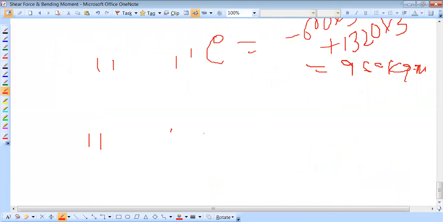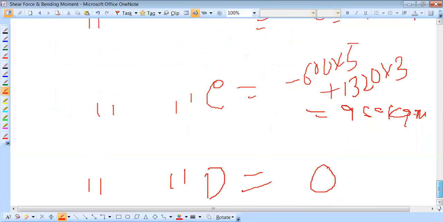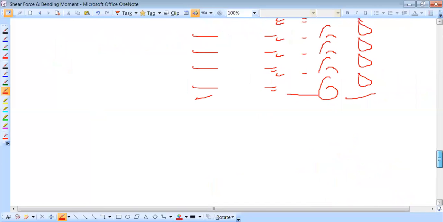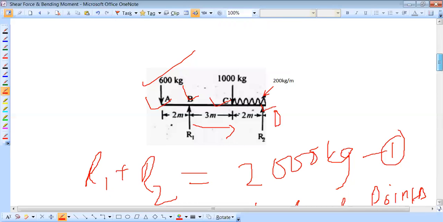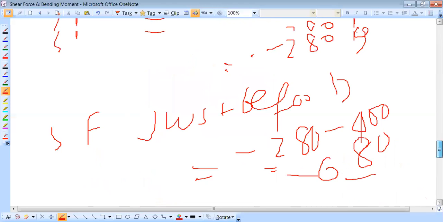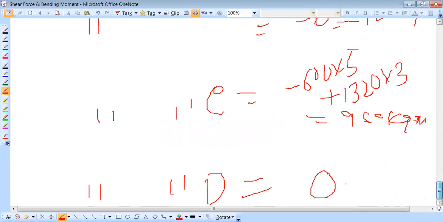Then BM at point D is equal to 0. When we find the BM at any fixed end point, we know that it is 0.